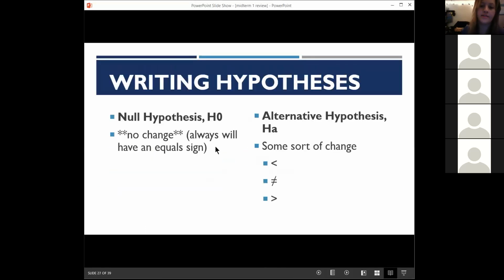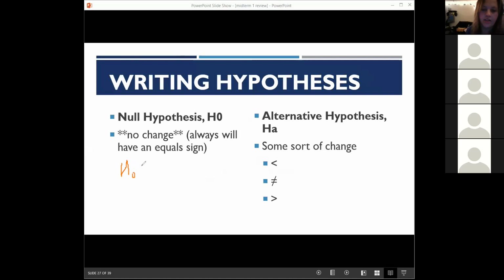Ooh, hypothesis tests. How much fun. I love hypothesis tests. When we're writing hypotheses, this is the beginning step when we're trying to figure out what's going on. We're always going to have our null hypothesis. It's always going to look like H0, and then it's going to have either mu equals your value, or p equals your value, which is going to be between 0 and 1.